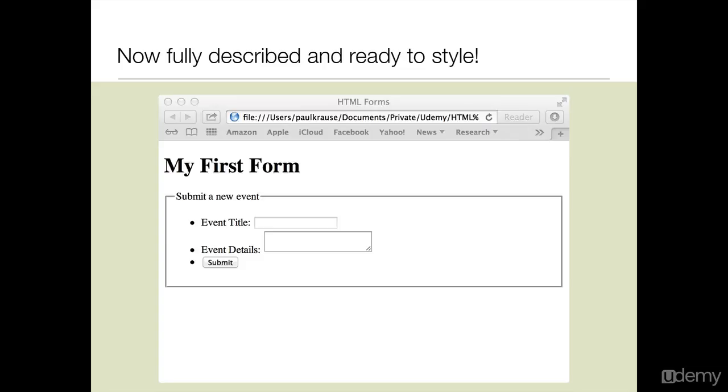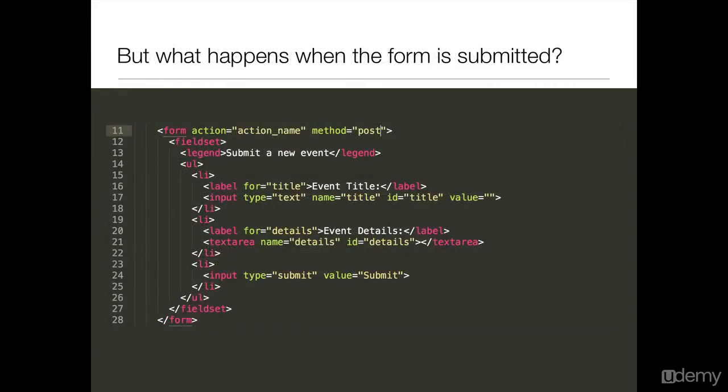Now there's just one more thing I want to quickly mention, and that's what happens when the form's submitted. I can't go into the full details of that in this course, because that really depends on the back-end technology which you're using on the server side.